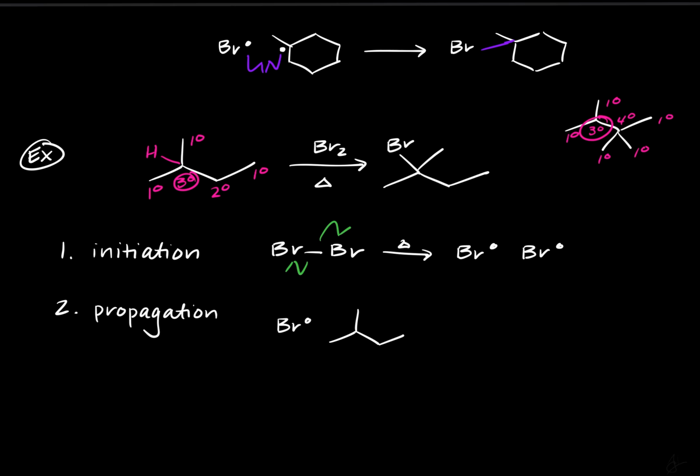In order to do that, we'll draw that hydrogen that is on that most substituted carbon, form a bond between the radical and the carbon-hydrogen bond. And because this bond has 2 electrons in it, we're going to push the other electron onto that carbon.